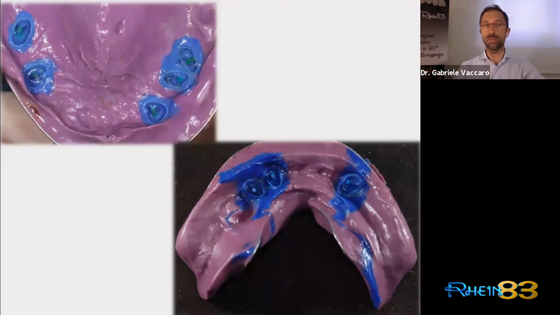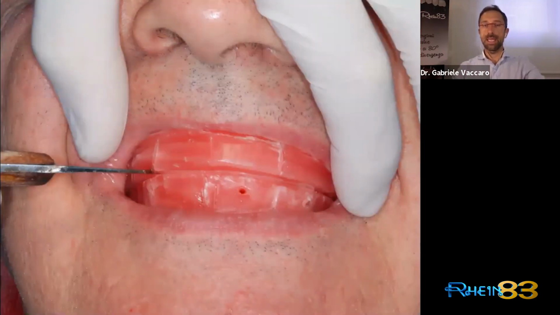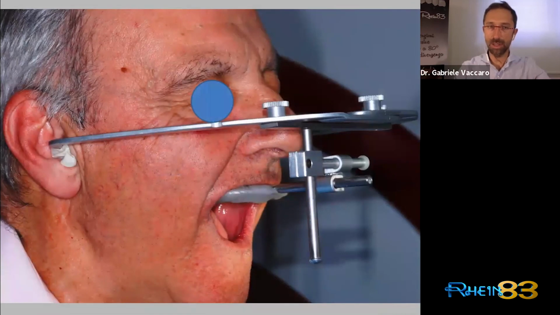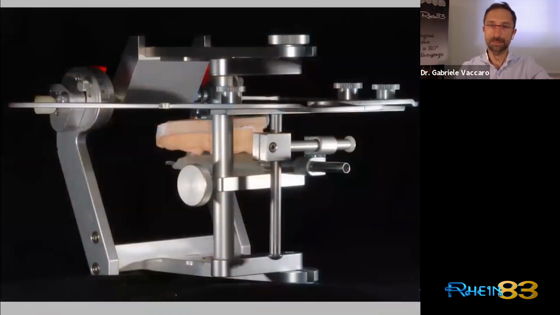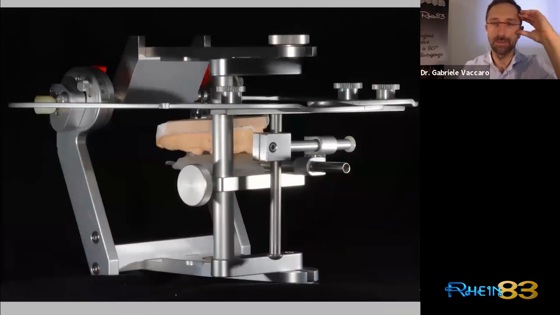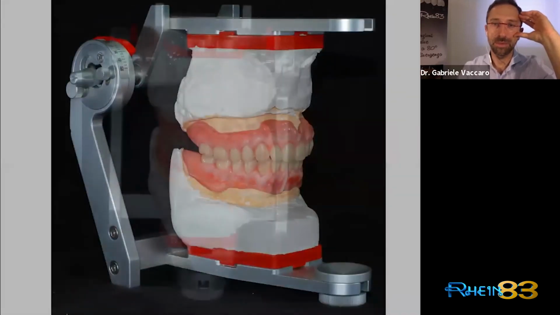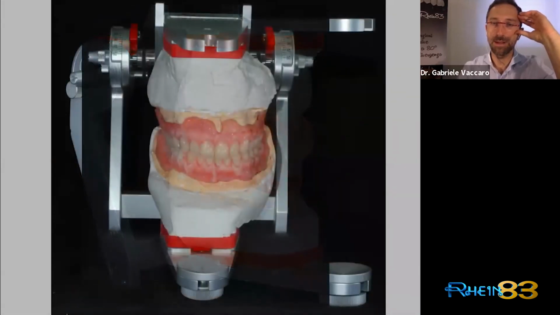With these 2 impressions, the lab gives us the wax wall to register the occlusal data in a better way, all the occlusal data. We put it in the cast. After that, we are making a try-in.